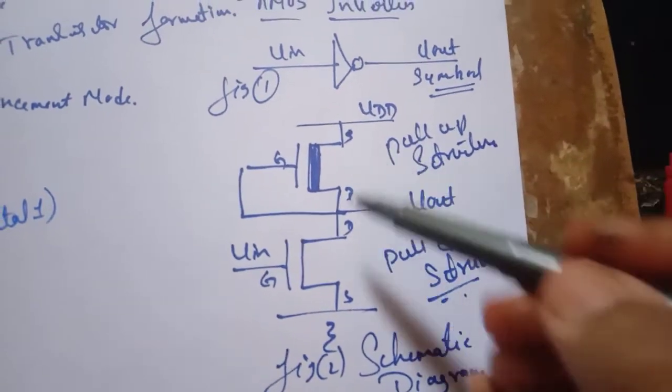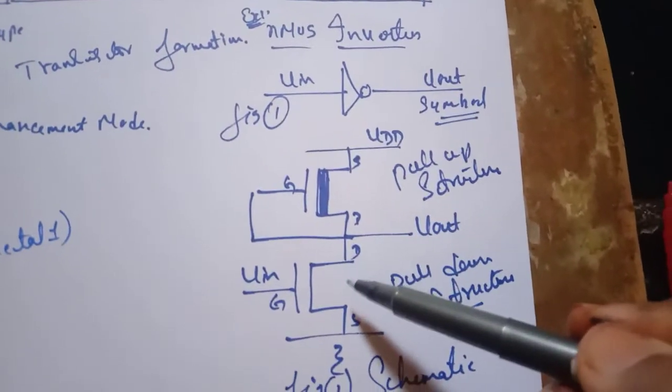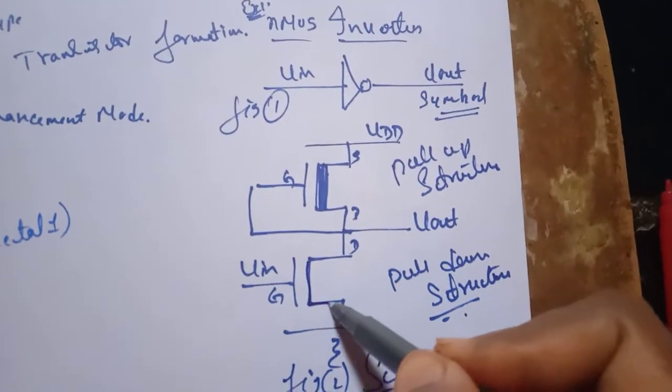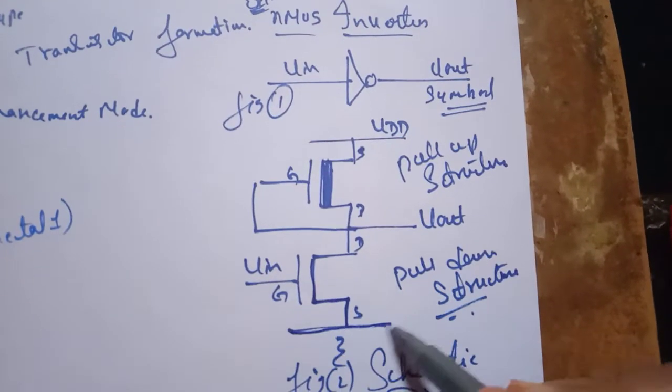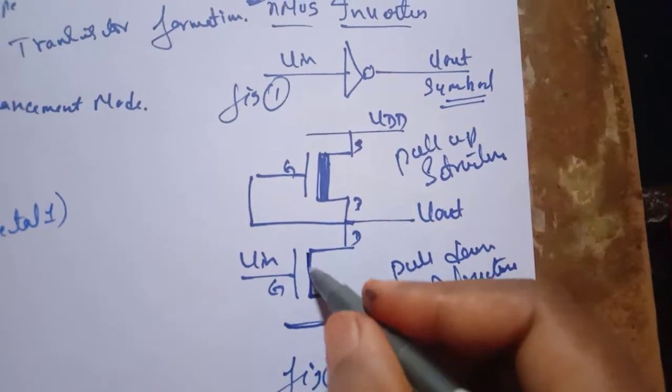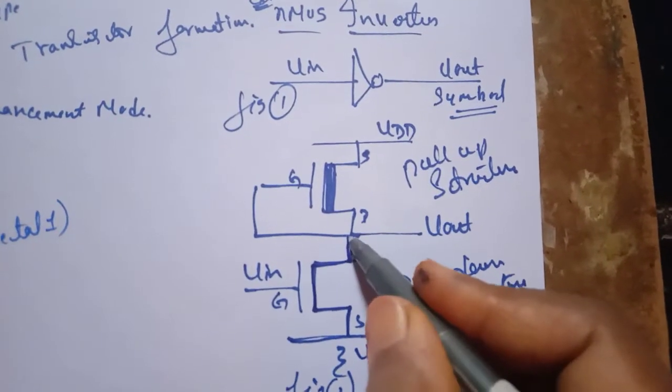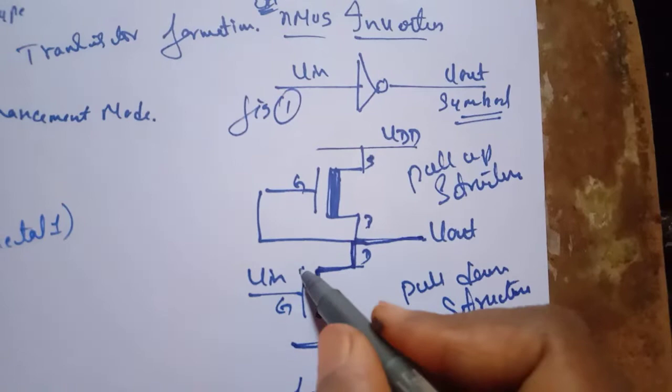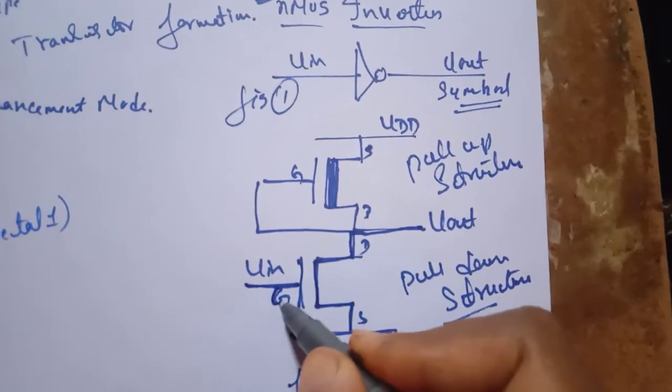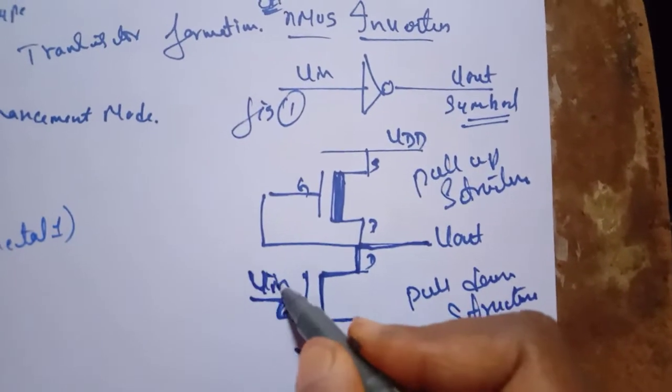In both structures, the NFET is common, but the source of the pull down structure is connected to VSS. The drain of the pull down structure is connected to the output. The gate of the pull down structure is connected to the input VIN.